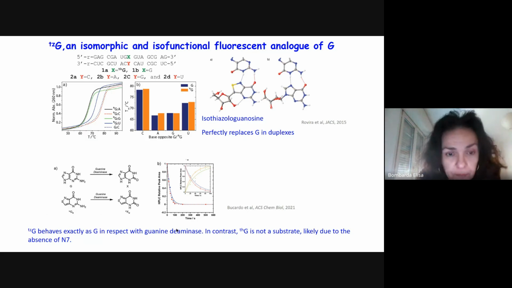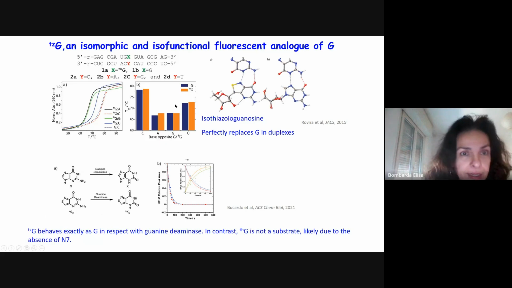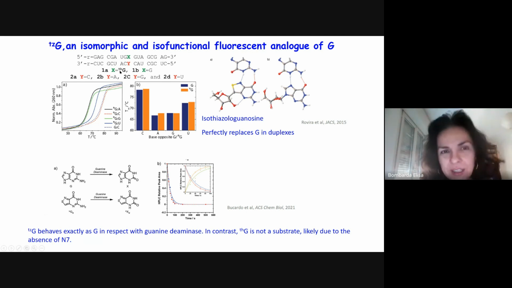also isofunctional. I realize, sorry, that here I see now that these are the same results that were for TAG. You can imagine that for TCG they are actually very similar.